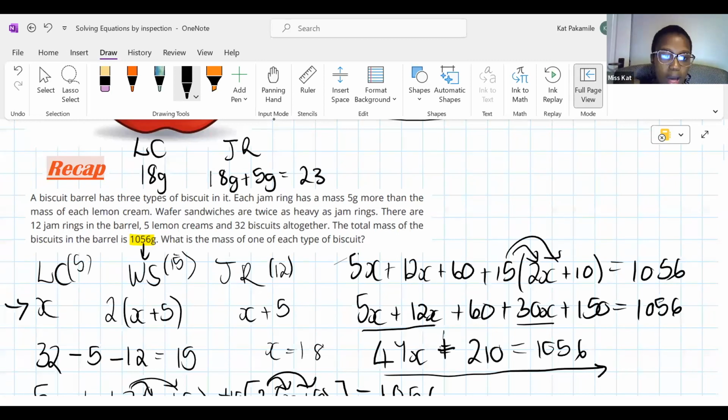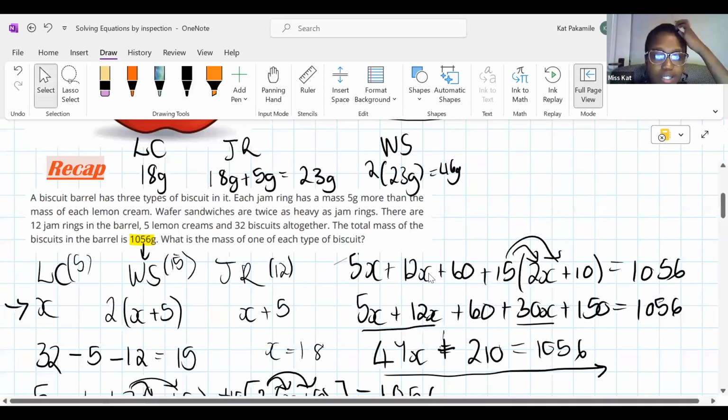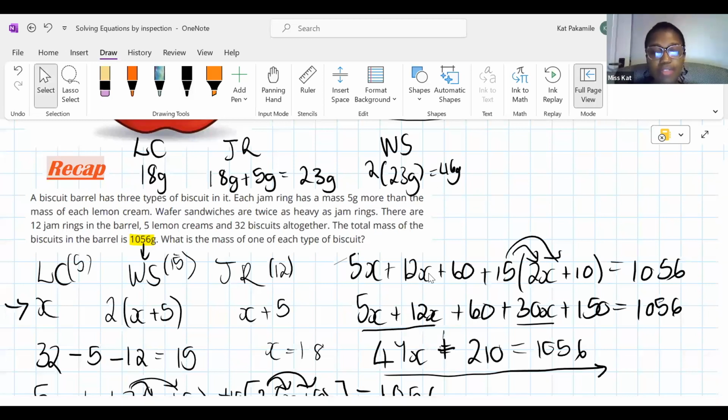And then finally, they said the wafer sandwiches were twice as heavy as the jam rings. So it will be twice as heavy as the jam rings, which would be 46 grams. And if you did this in a test, this would be a lot of marks. That's where I'm going to conclude my lesson today.